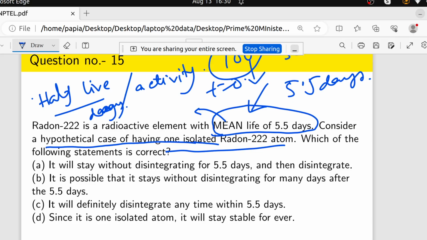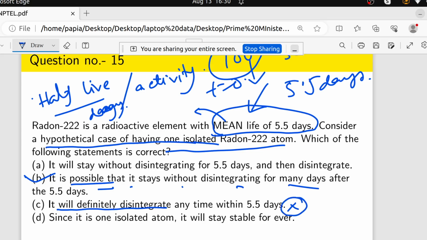It is possible, yes, this one. We can't say that it should disintegrate or that it will stay without disintegrating. So it is possible that it stays without disintegrating for many days after the 5.5 days. It is also not that it will definitely disintegrate, because it is a probabilistic phenomenon.